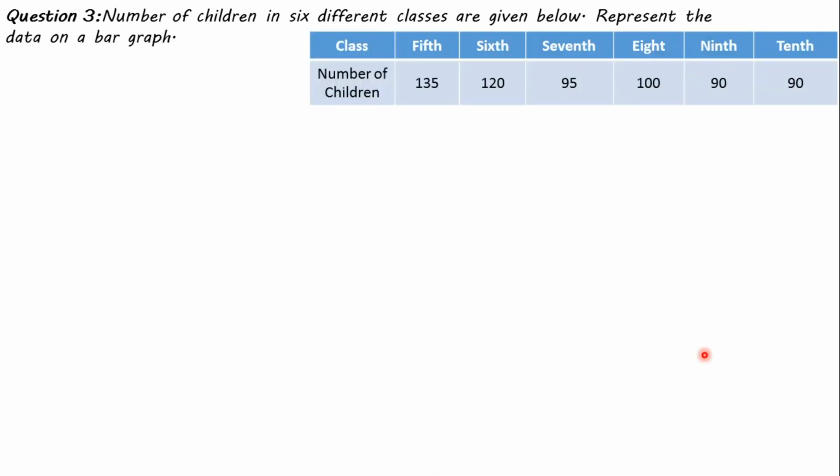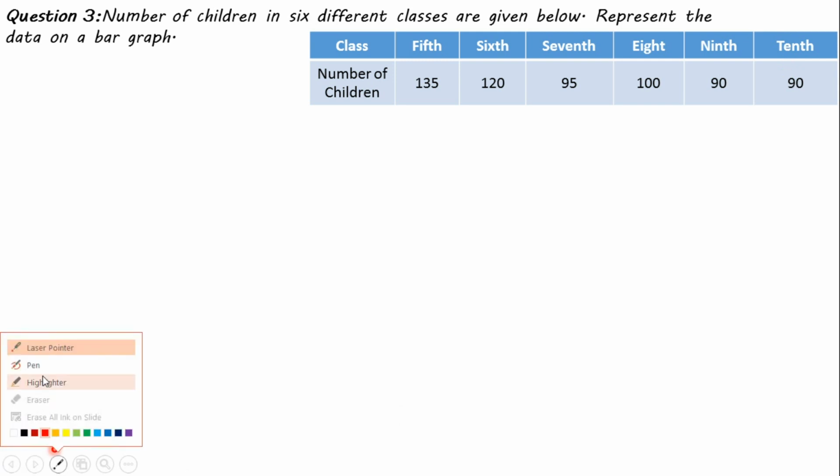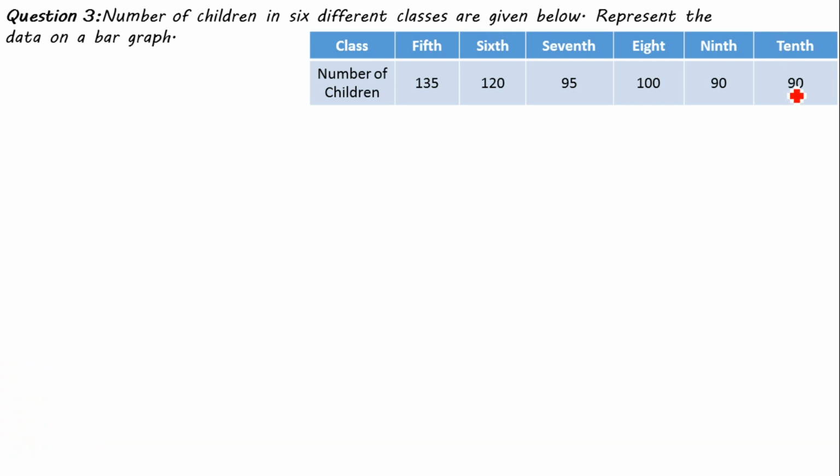Class 5th has 135 students, class 6th has 120, class 7th has 90, class 8th is 100, class 9th has 90 students, and class 10th has 80 students. Make it 80. So how do you represent this information on a bar graph?